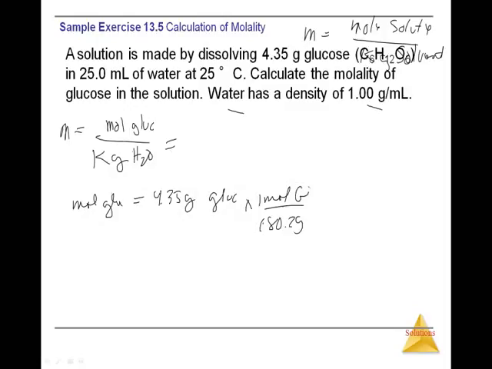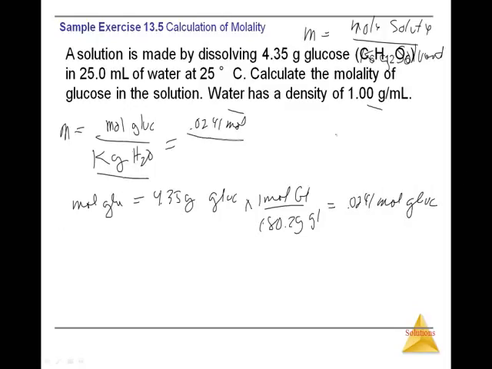This is going to give me 0.0241 moles of glucose. So that's going to be my numerator up here, 0.0241 moles, and I want to divide that by kilograms of water.